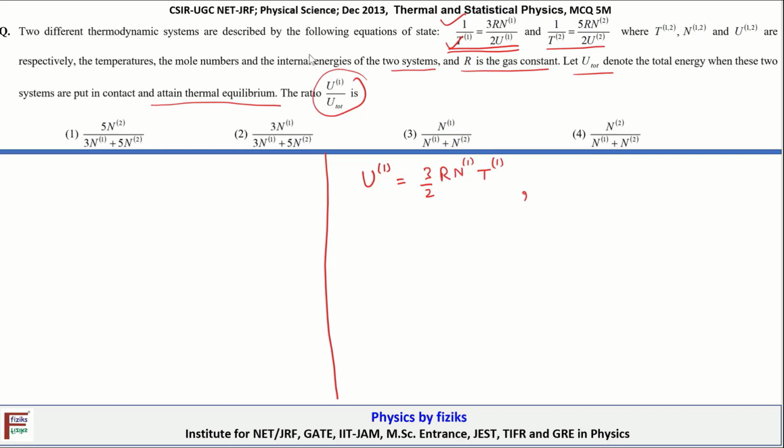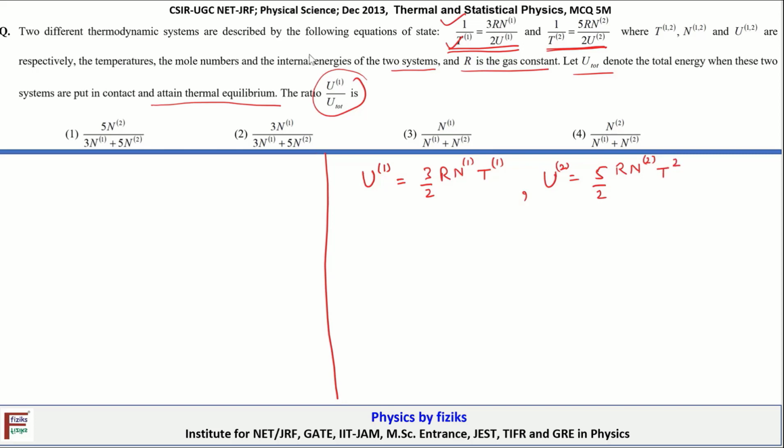Similarly, rearranging the terms in the second expression, U2, the energy of system 2, equals 5 by 2 R N2 T2.